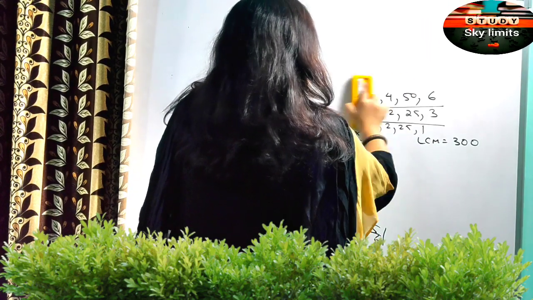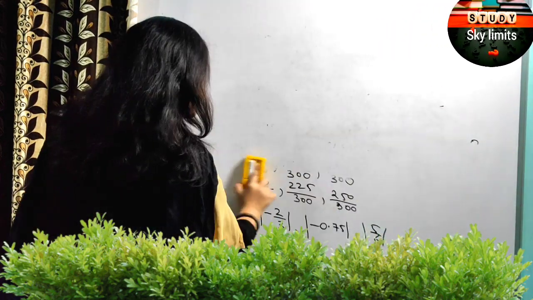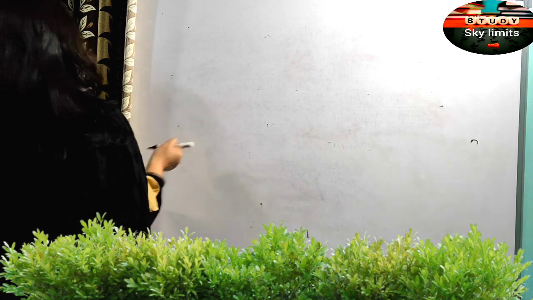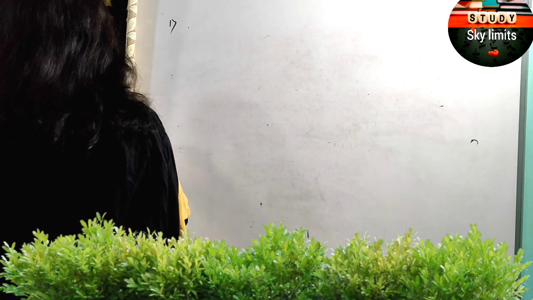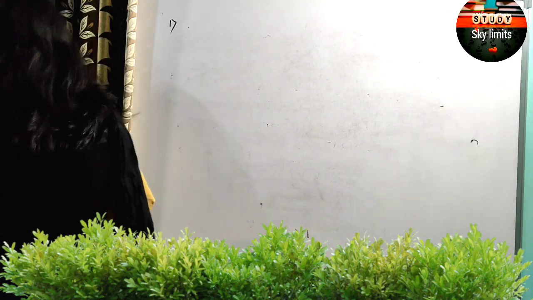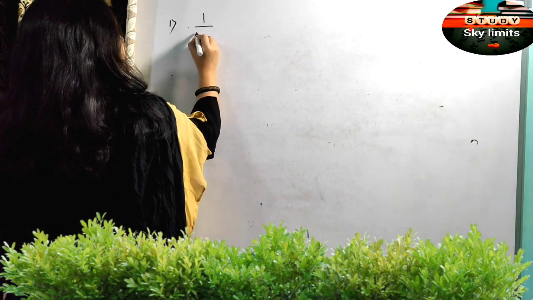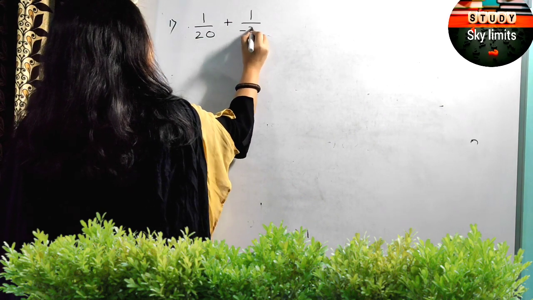How to add two rational numbers. A very simple one. The first one, addition. The first question here is 1 by 20 plus 1 by minus 30.